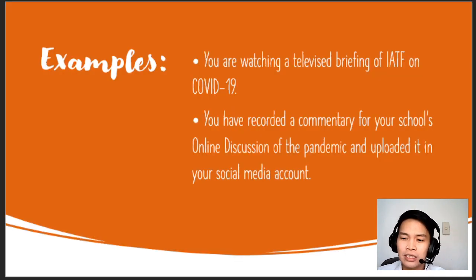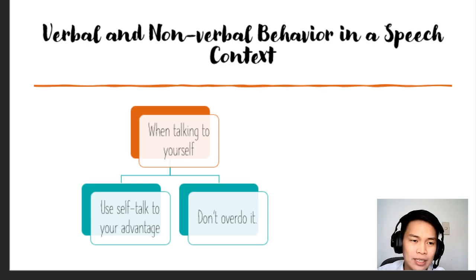Examples: you are watching a televised briefing of IATF on COVID 19, and you have recorded a commentary for your school's online discussion on the pandemic and uploaded it on your social media account. So if you notice, class, mass communication caters to a larger audience, larger than public, okay, wider audience.